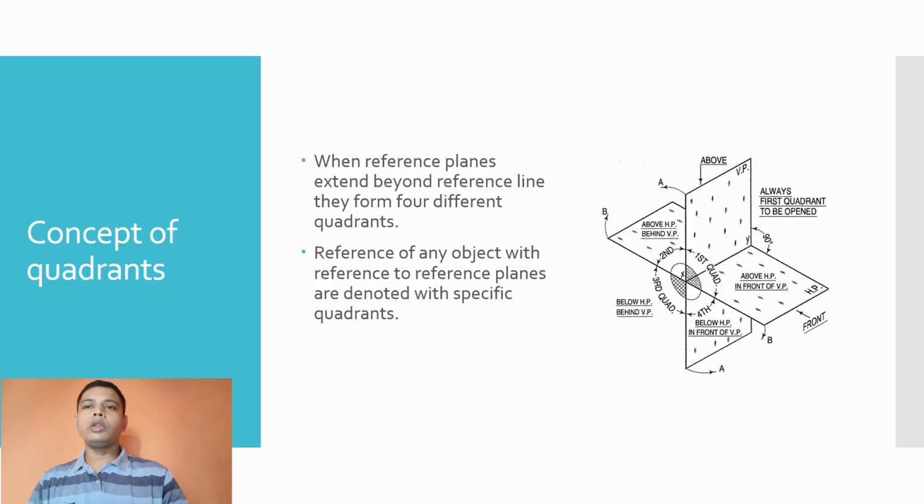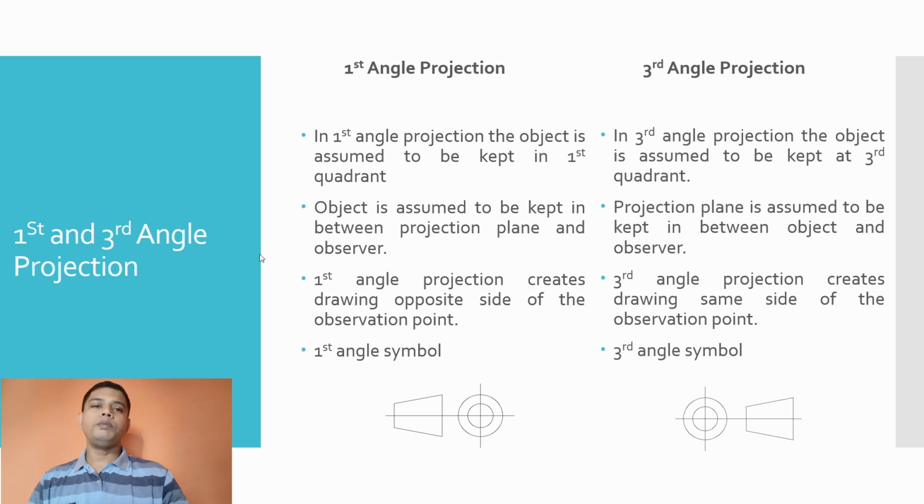Whenever I put the object in the first quadrant, the projections or the drawing generated will be called the first angle view. And when I put the object in the third quadrant, the image or drawing produced will be called the third angle view. So first angle and third angle projections, these are the 2 things you have to learn.